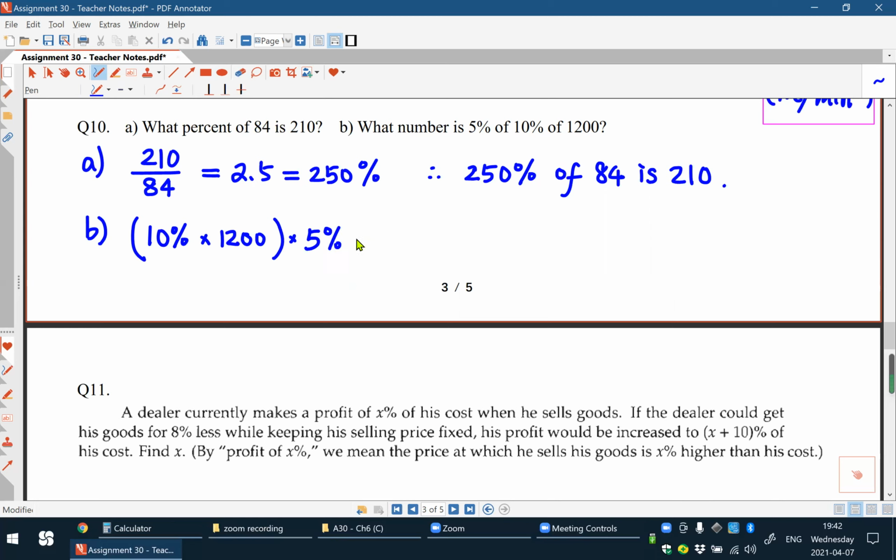This is the new number we are looking for, right? So 10% of 1200 is 120. 120 times 5% is 6, right? So 6 is 5% of 10% of 1200. Okay, any questions?